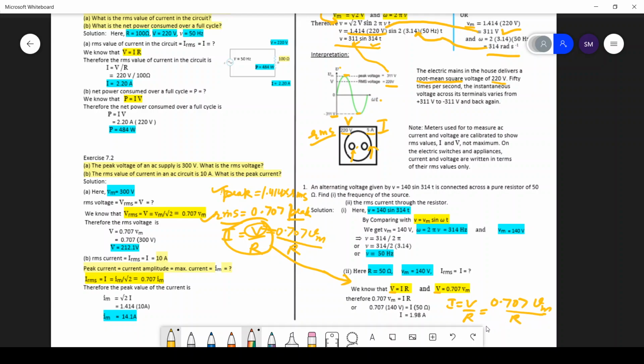This comes out to be 0.707 into the peak voltage 140 volt divided by R, which is 50 ohm, and you will get the answer 1.98 ampere, which is approximately 2 ampere.